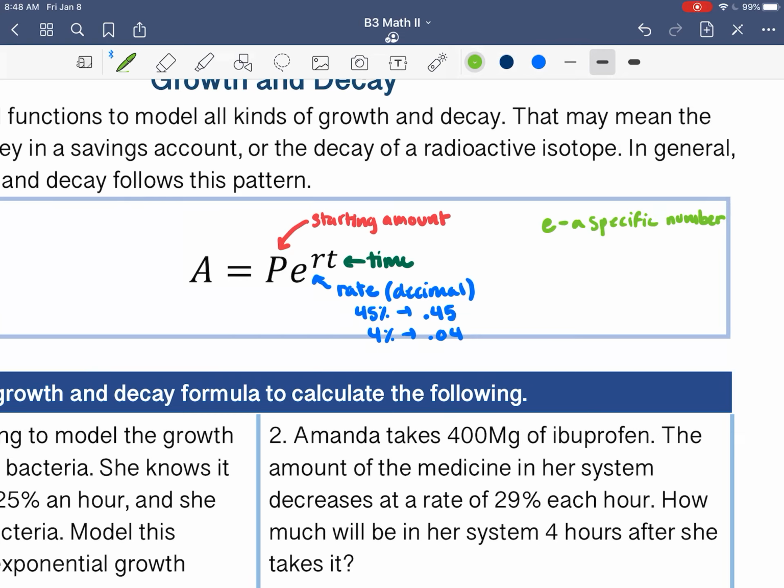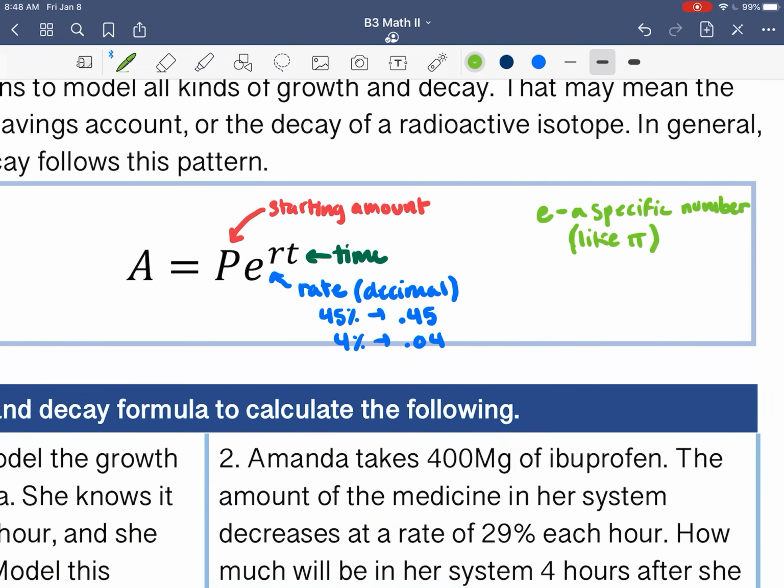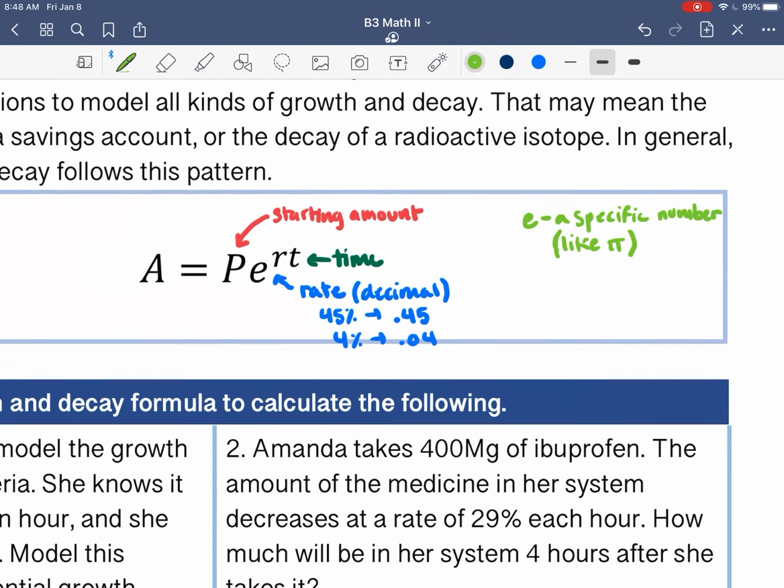It's very much like pi, except for pi we used a Greek letter, and e is one we have in English. Also like pi, it's a decimal that never ends or repeats, so it's kind of cool. Anyway, e helps us to measure growth and decay in nature, which is what this formula is specifically looking at.